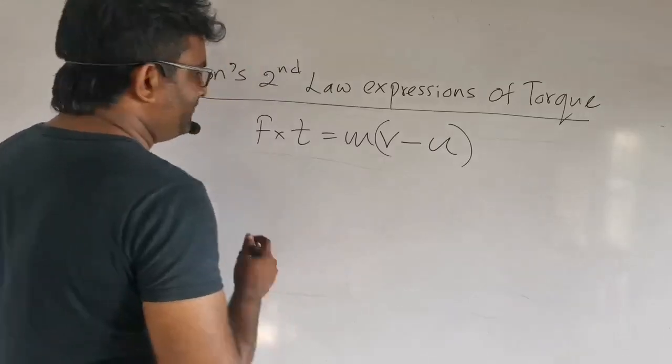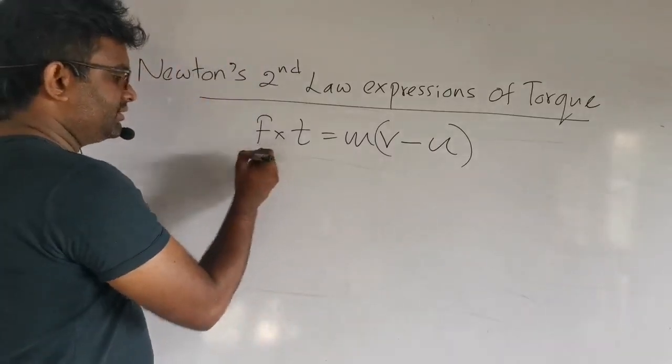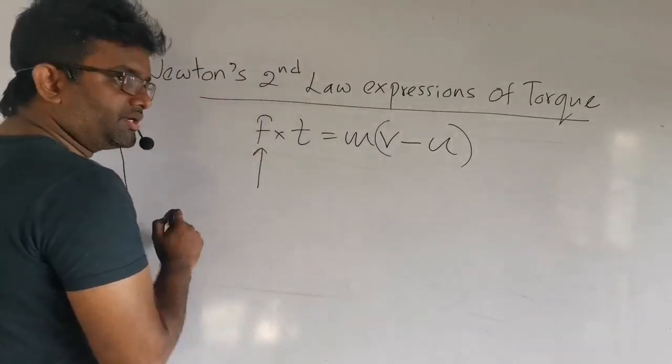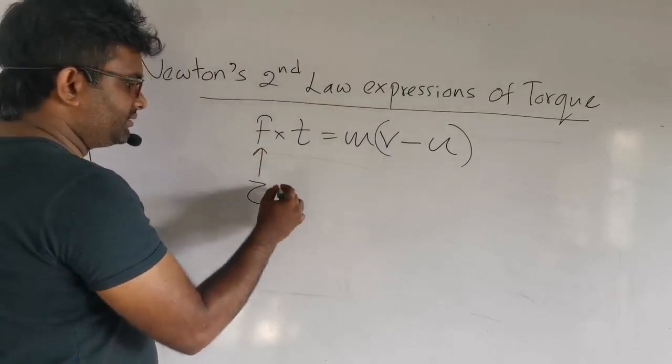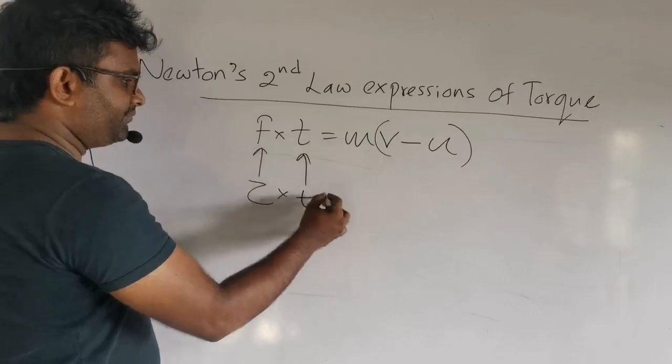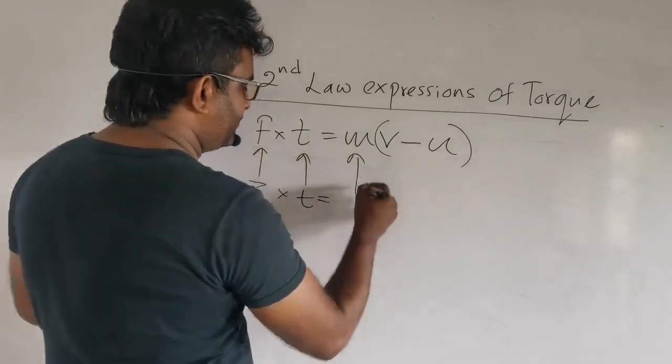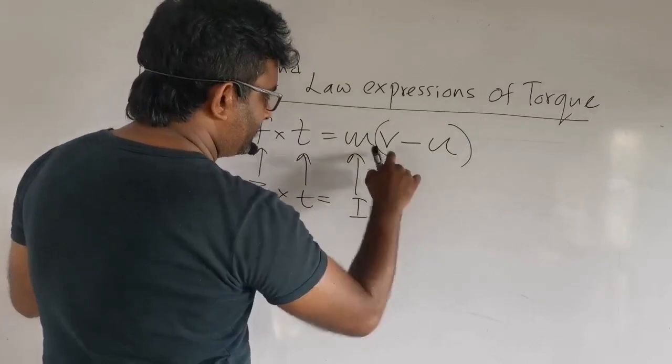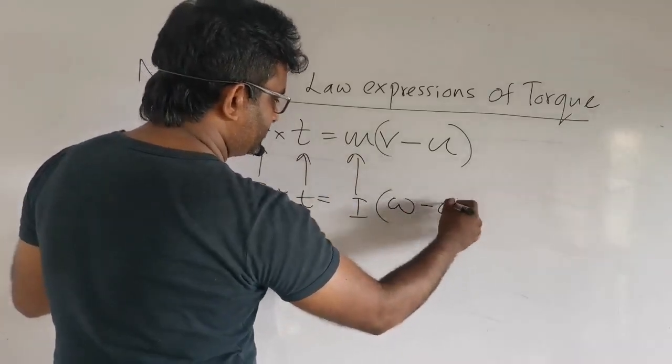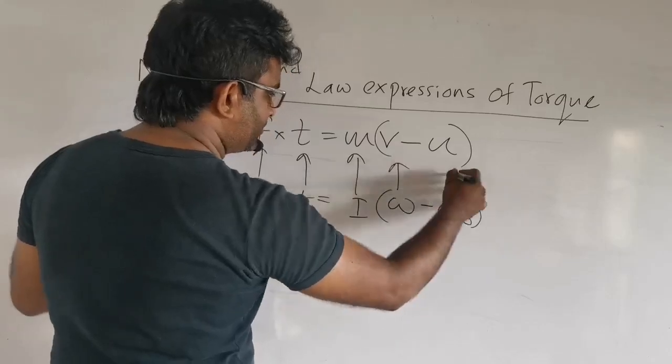So we can replace this with rotational motion quantities. Tau is there, right? T is the same. Then we can write I for m and final velocity omega minus omega naught, right?